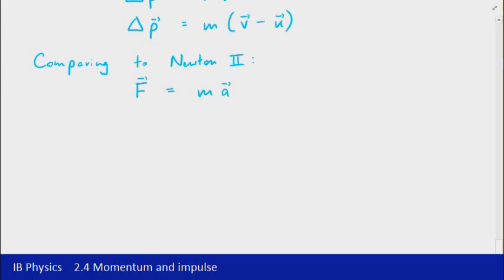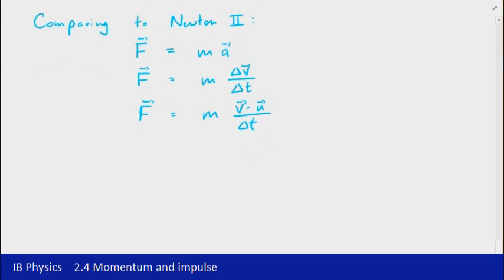Acceleration is really a change in velocity over time, so we could write that as m delta v on delta t, and again we can expand the change in velocity and write that as m multiplied by v minus u over delta t.